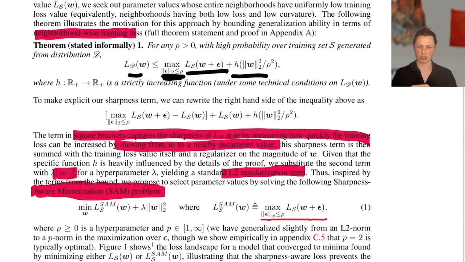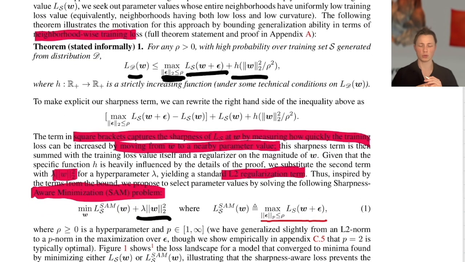They are changing it later to the L2 norm, so we don't have to focus on this part of the loss function. So this brings us to the point that we have the loss of our current model or parameter configuration, and then we have a sharpness term.